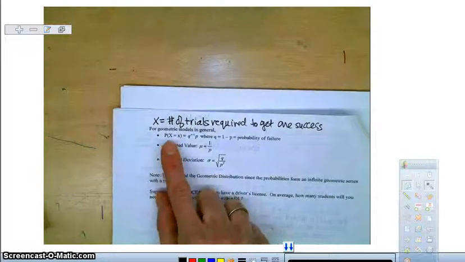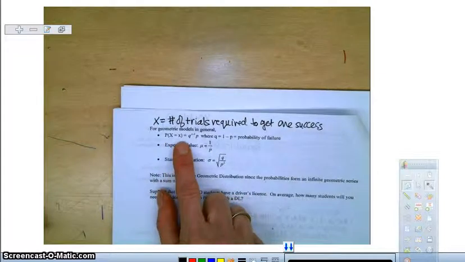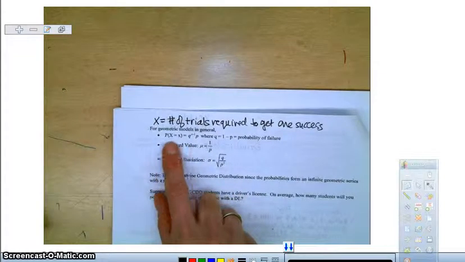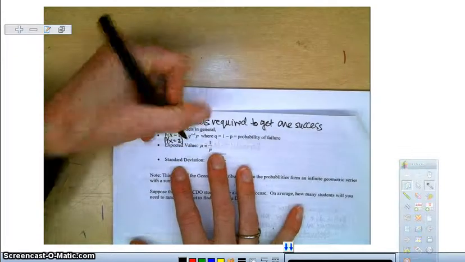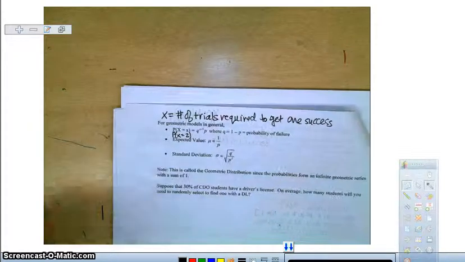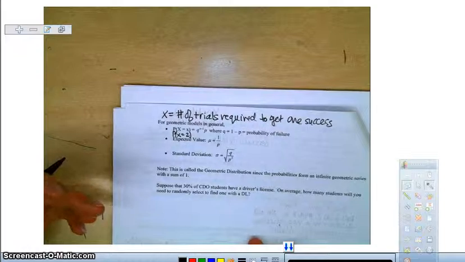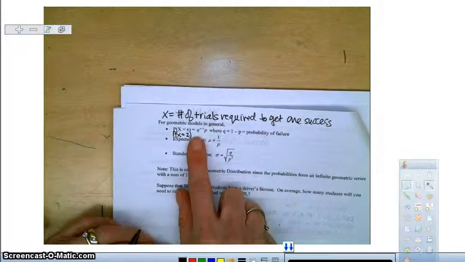The probability that X equals X, now that might seem confusing. The probability that X equals 2 or X equals 3, however many trials we're going to do until we get a success, okay, is Q.